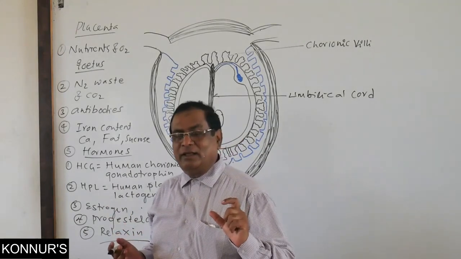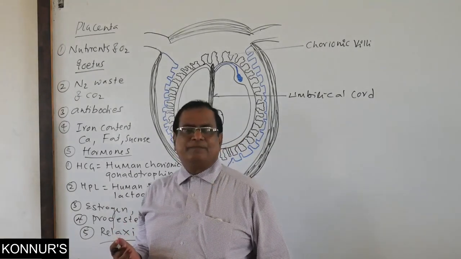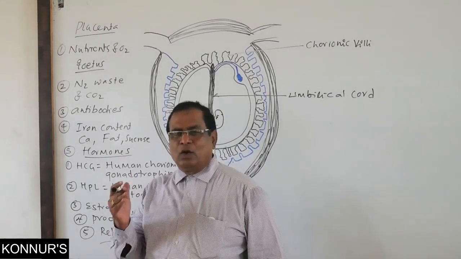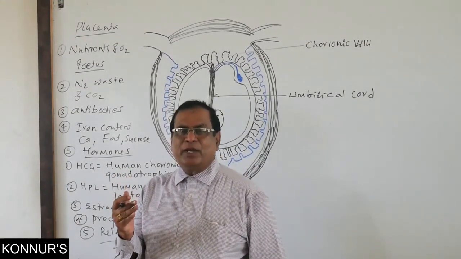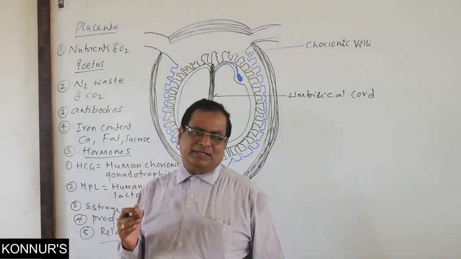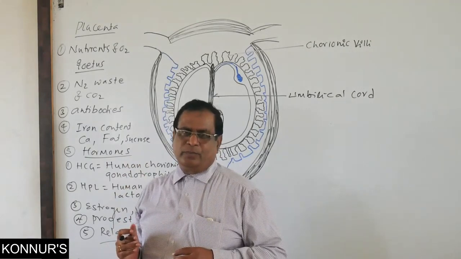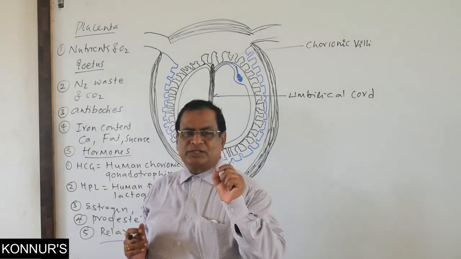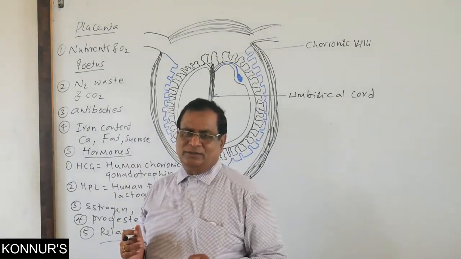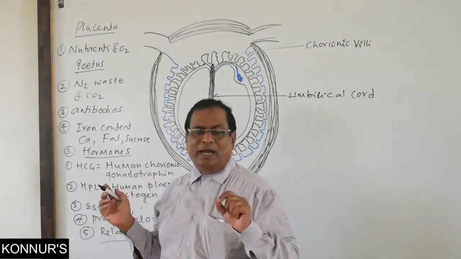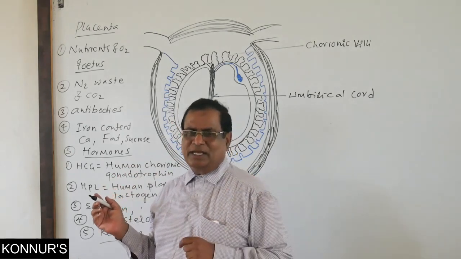You have to define the placenta: it is a part which is formed when chorionic villi of embryo are interdigitated with uterine tissue and jointly form a structural and functional unit between the developing embryo and maternal body. That is placenta.